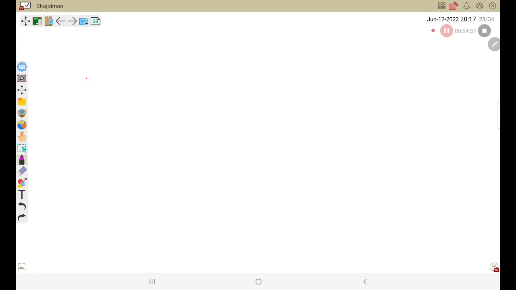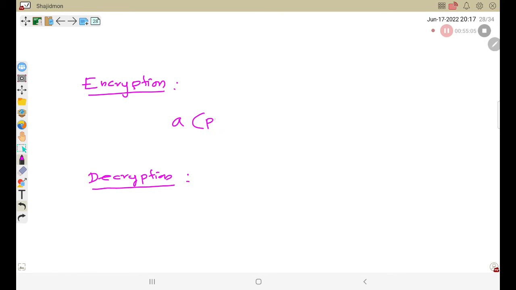So all of you remember the encryption and decryption in the affine cipher. Encryption means A multiplied by P plus B, correct? The A number is the first key, the B number is the second key, after that mod 26.